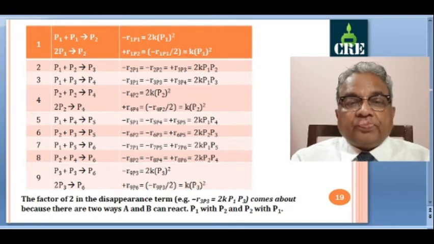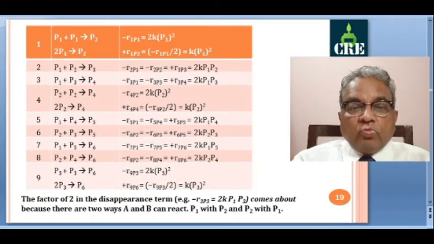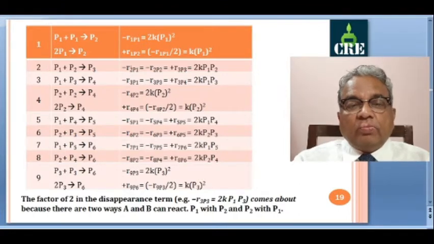So what I will do, I will write these reactions in terms of rate equations. R1, R2, R3, R4, 5, 6, 7, 8, 9, these are just representing the reaction number. We have numbered them for our convenience and understanding.